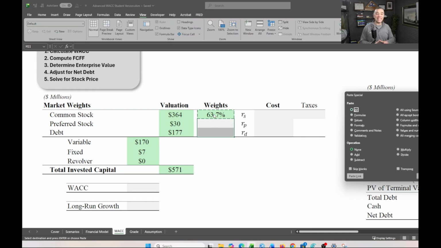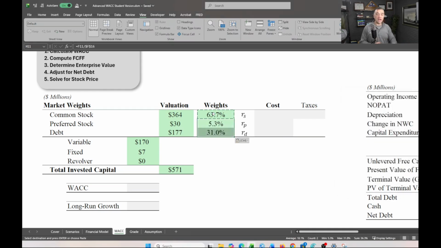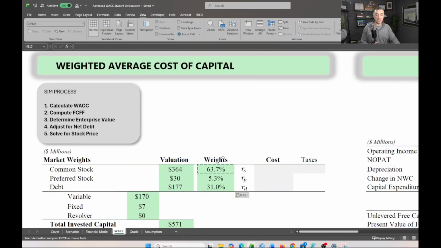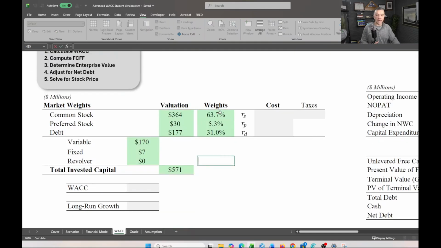I'm going to hit formulas, and then if I drag it down, it's not going to mess up the format of our model. That's real important. So you hit Control C to copy, and then you can hit Alt ES.